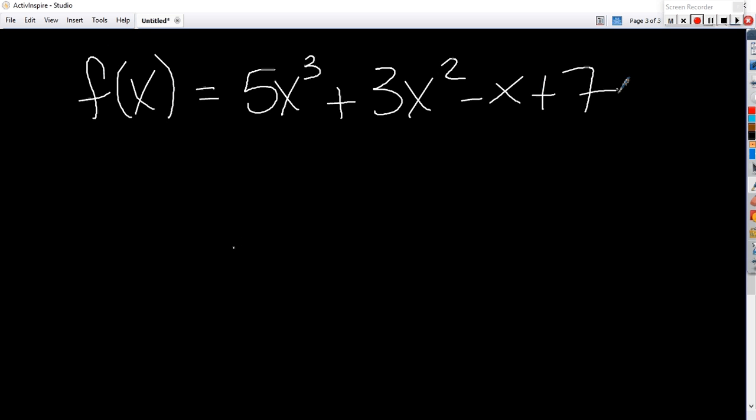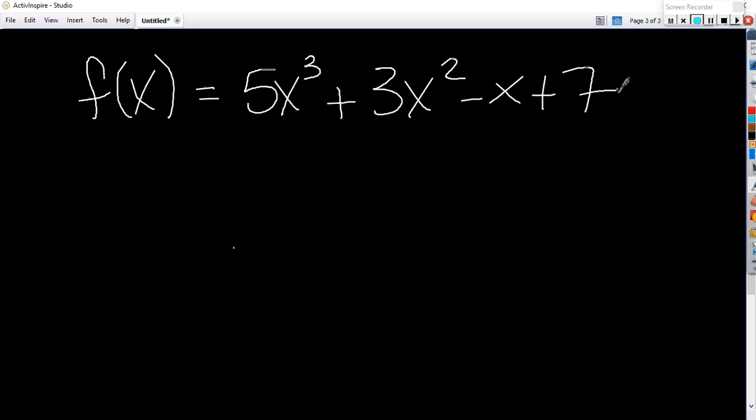All right, so here we go. Tell me, yes or no, is it a polynomial? Yes. Why? Because it's more than one x. Okay, why else? All the exponents are positive whole numbers, right? No fractions, no decimals. Now, the coefficients can be those kind of numbers, but as long as the exponents are positive whole numbers, we're good, all right?